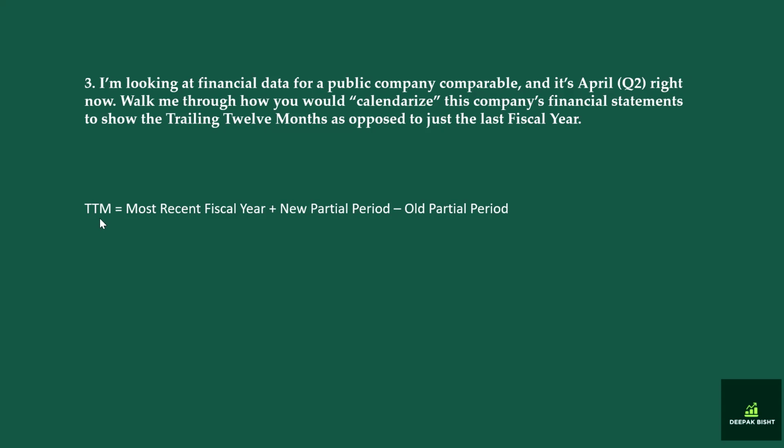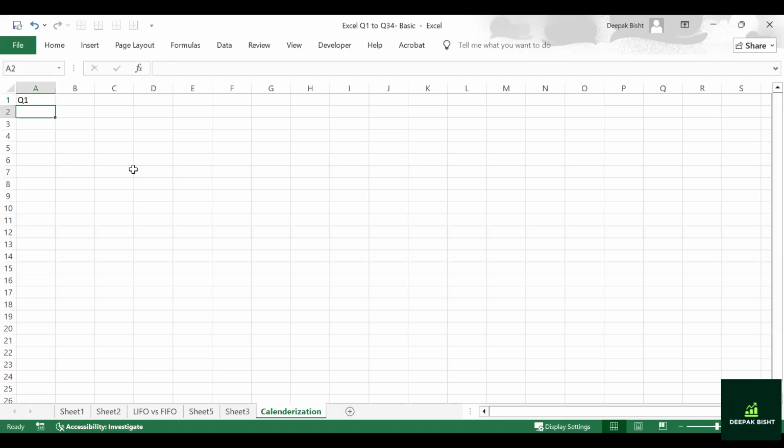So the formula for trailing 12 months is most recent fiscal year plus new partial period minus old partial period. Let me show you in Excel how to calculate trailing 12 months. Quarters one, two, three, four, FY, and this repeats again.